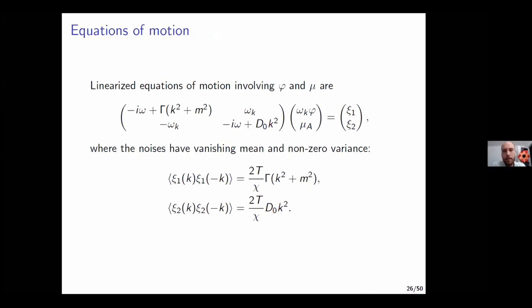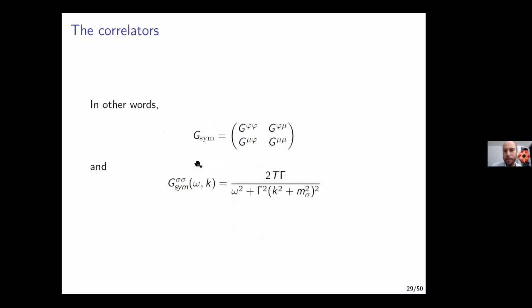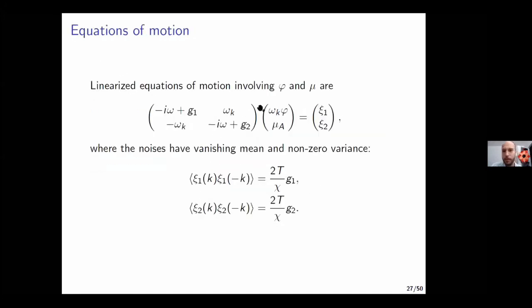Yeah, this is just to compute the correlators. This is just formal, basically, to arrive at this symmetric correlator. You set up your equations, and on a technical level, you need to invert this matrix.